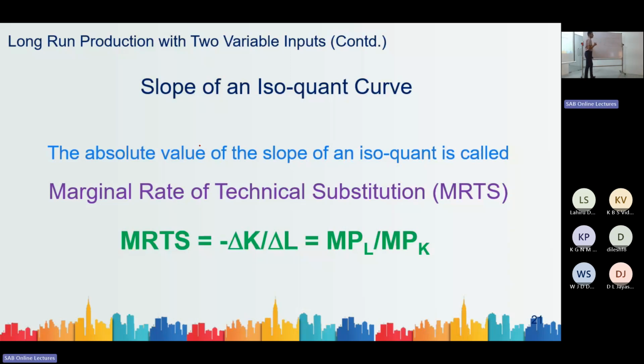So tangent lines are used to measure the slope of points on an isoquant, and with this illustration we understand that the tangent lines are getting flatter.